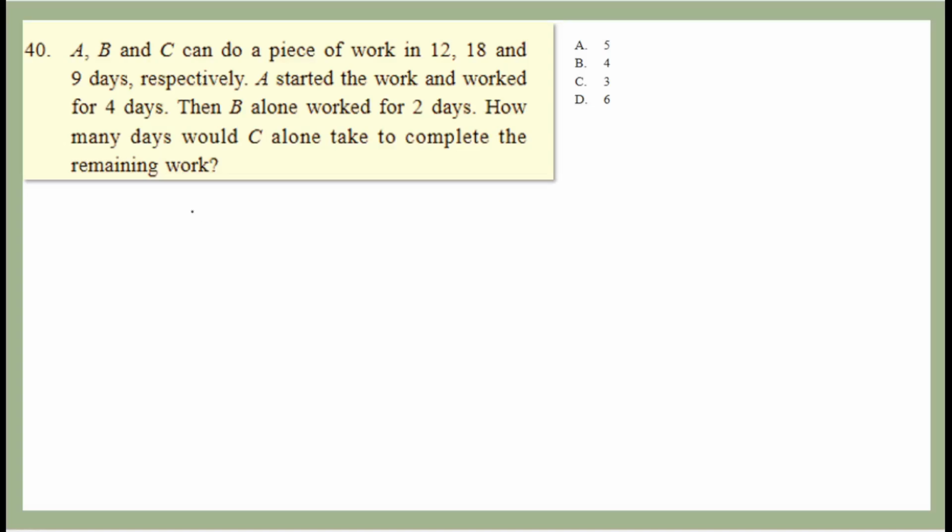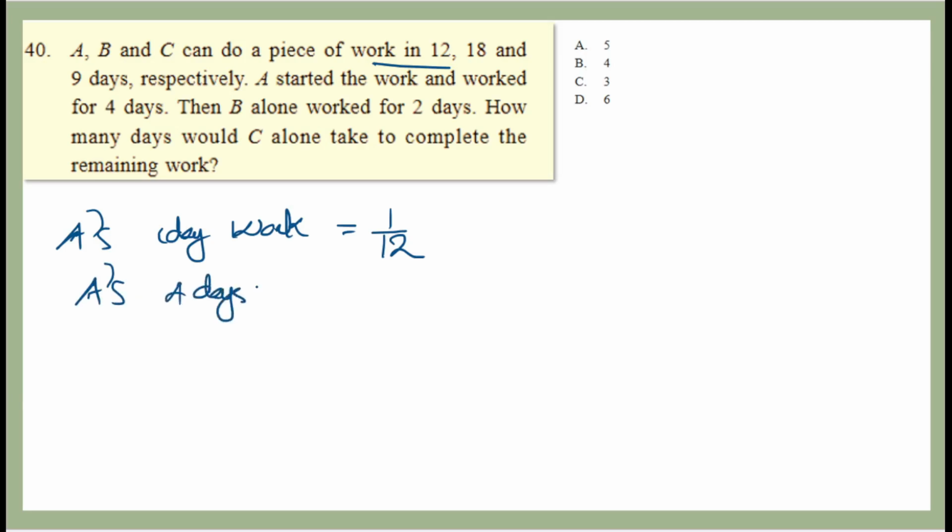Given that A can do a piece of work in 12 days, hence A's 1 day work equals 1 by 12. A worked for 4 days means A's 4 days work equals 4 by 12, that equals 1 by 3.